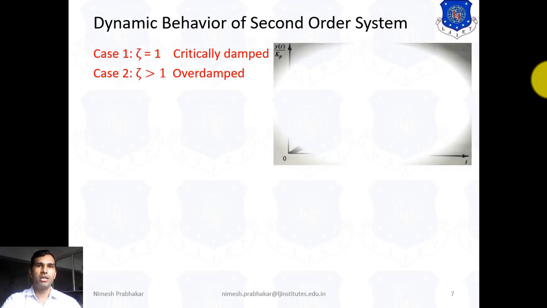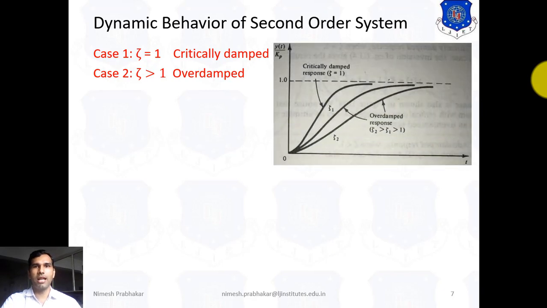See here, by using this graph, when the zeta value is equal to 1, this response is known as the critically damped system response. And when zeta is greater than 1, we can see this response is known as the overdamped response. So this is a representation of zeta.